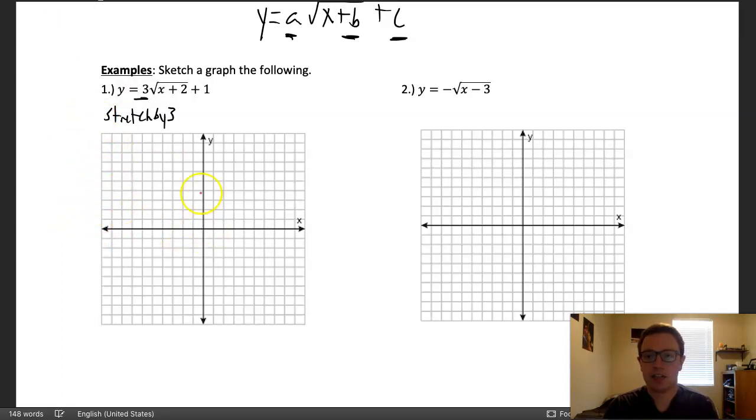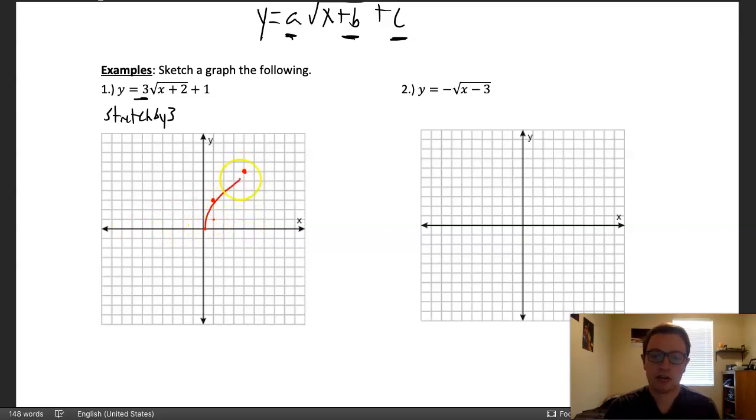If we're thinking about this, our original function would go from 0 to 1, 1. So now we're going to go from 0 to 1, 3. We'd go from 4, we'd go up 2. This time we're going to go up 6. So our function with the stretch would go 0, 0, 1, 3, 1, 2, 3, 4, and up 6. 1, 2, 3, 4, 5, 6.